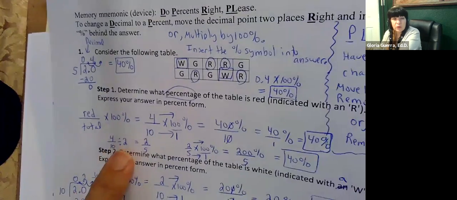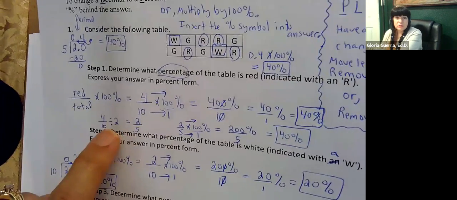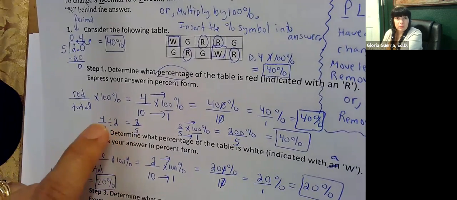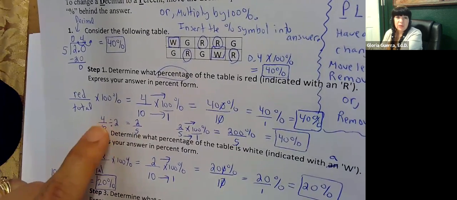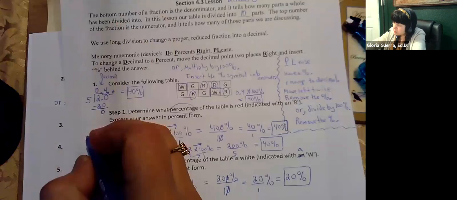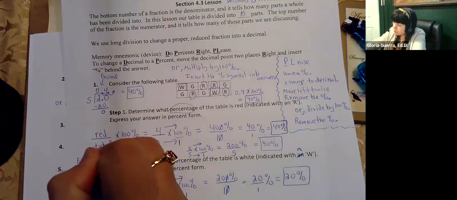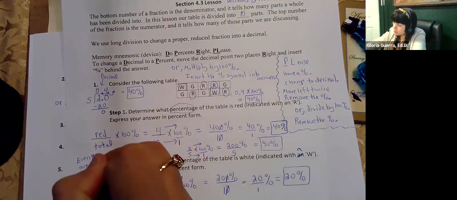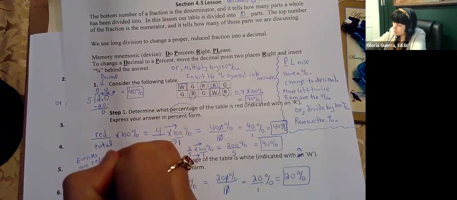I did on 4 over 10, I did reduce it by 2. I need to reduce this by 2 because of the divisibility rules: these are even numbers, 4 and 10. Let me write this down. Even numbers are reducible.